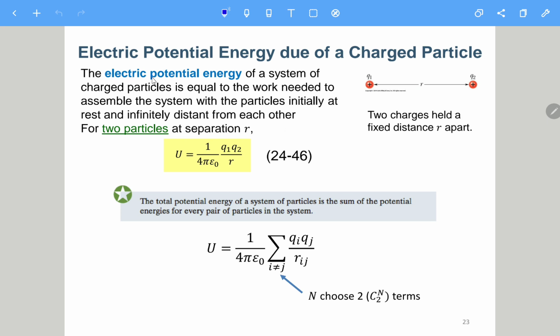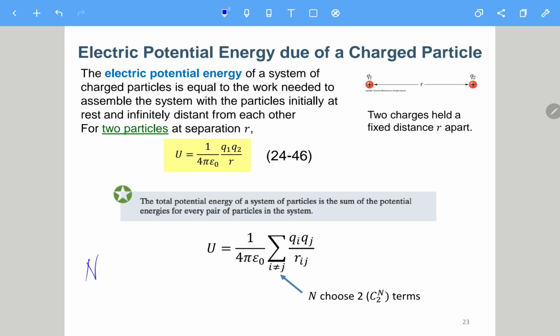It says the electric potential energy of a system of charged particles is equal to the work needed to assemble the system with the particles initially at rest and infinitely distant from each other.